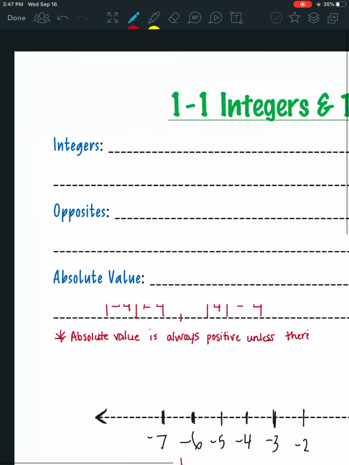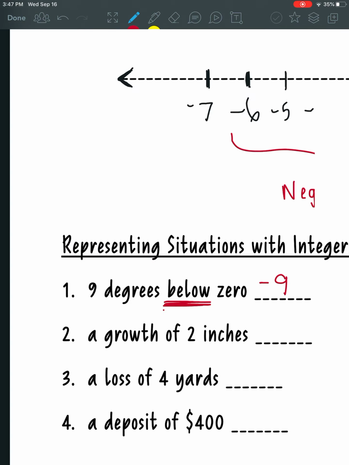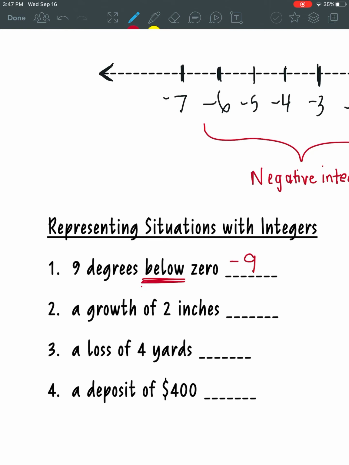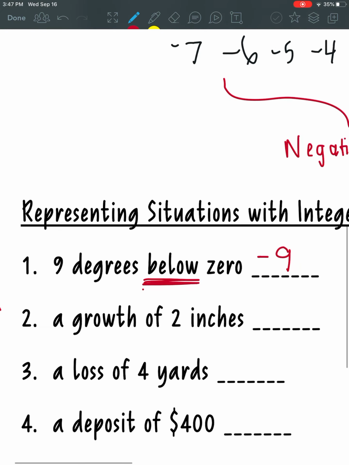So if we have 9 degrees below 0, below would be our key, our hint that would be below 0, so it would be left of 0, or if we're thinking about a thermometer, it'd be below 0, so that'd be a -9. Next one, a growth of 2 inches, so if you're growing, that would be an increase, that would be going up, so that would be a +2.